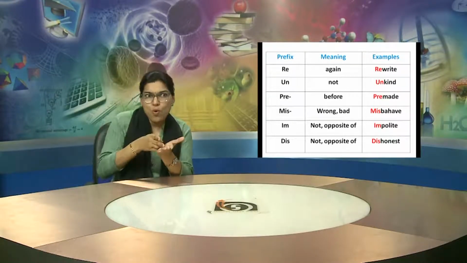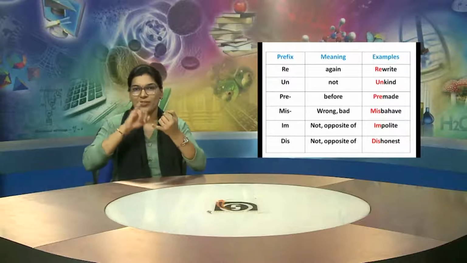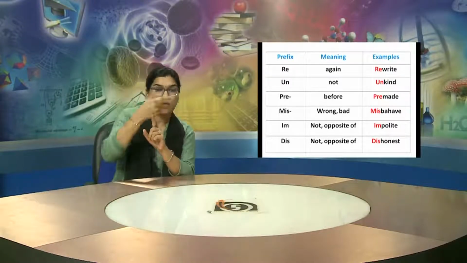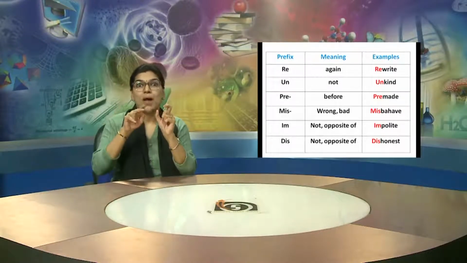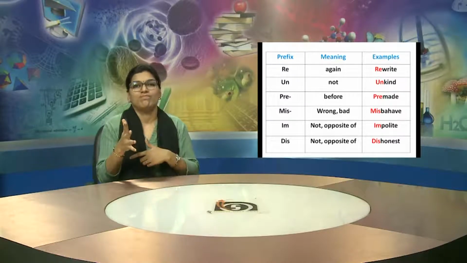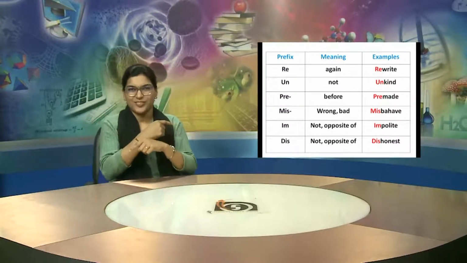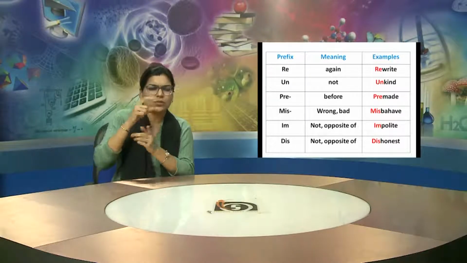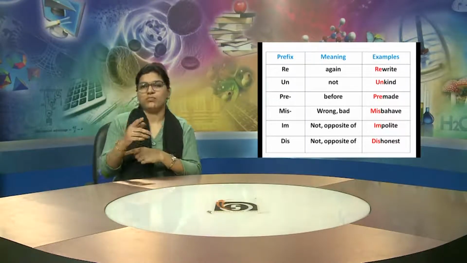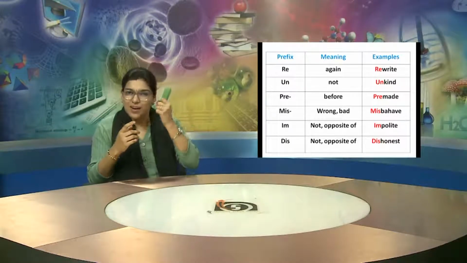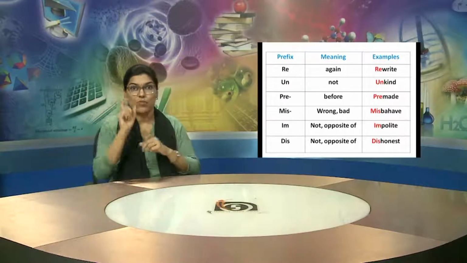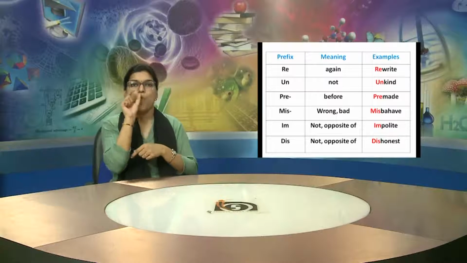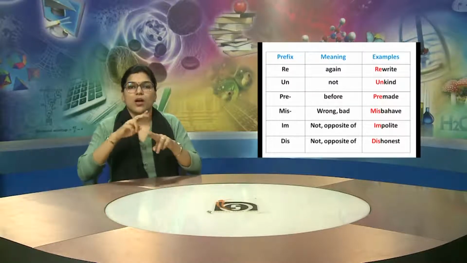In the last, dishonest. The prefix in this word is dis, which means not or opposite of. The meaning of dishonest is the person who is not true. There are so many prefixes.